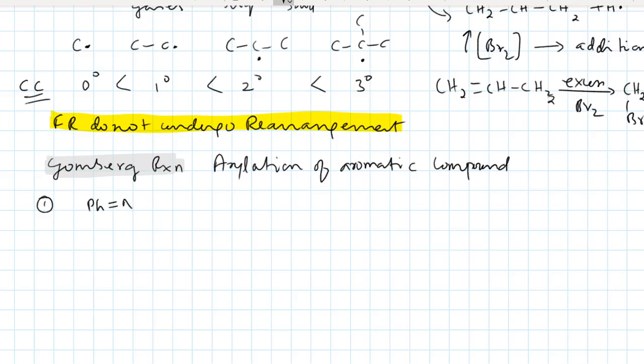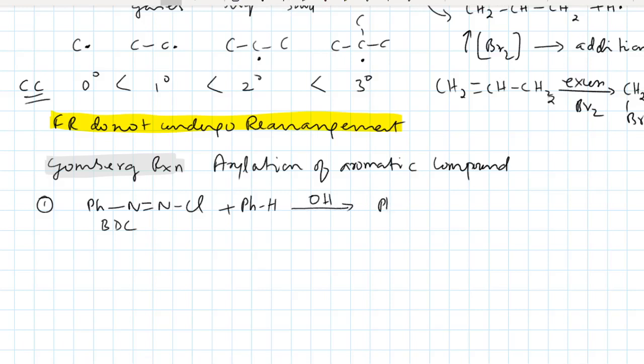C6H5-N=N-Cl, or whatever X. So this is benzene diazonium chloride. Now this benzene diazonium chloride will react with another benzene molecule in the presence of an alkali.